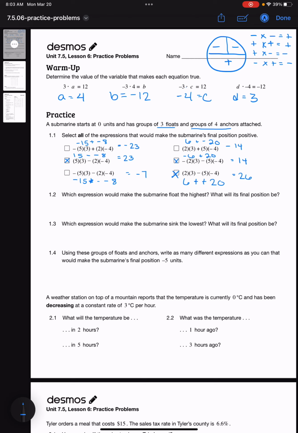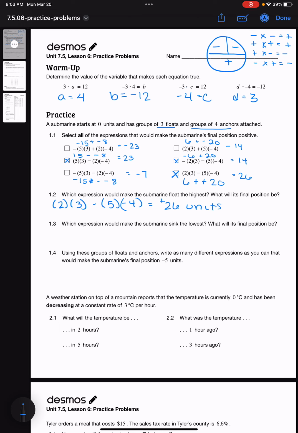So the one that would float the highest would be 2 times 3 minus 5 times negative 4, because its final position would be 26 units.